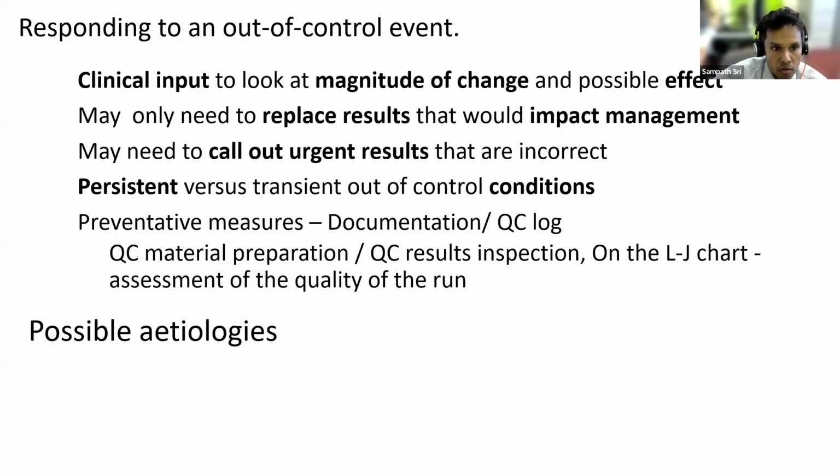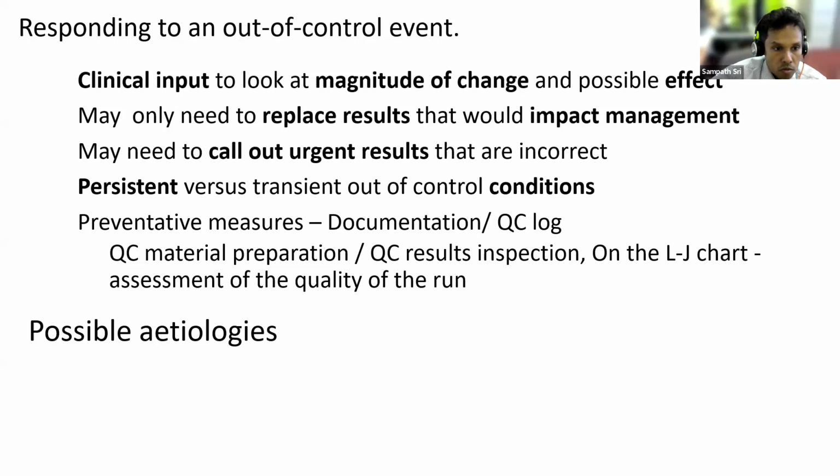Then we need preventive measures like documentation of all the errors, and a QC log will be helpful to prevent these problems. In a QC log, we should document the QC material preparation, QC results inspection, and the things that we observe in the Levey-Jennings chart.